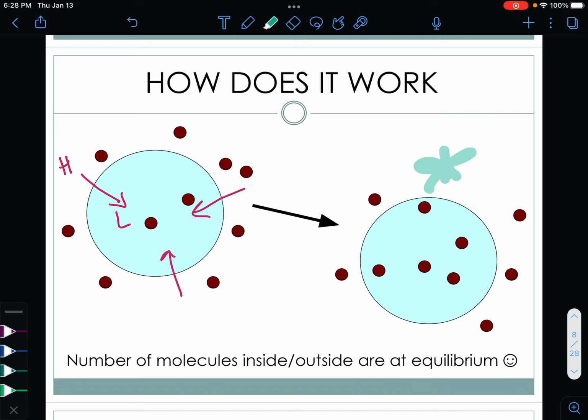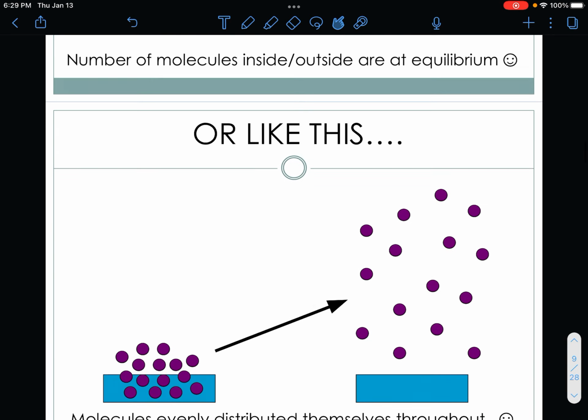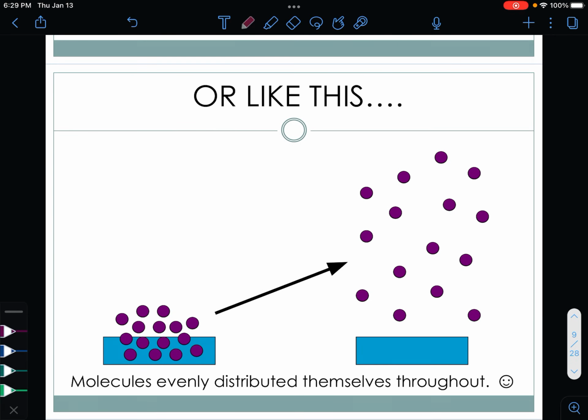The number of molecules inside and outside of the cell are equal. Diffusion can also look like this, right? So if we have all of, let's say, our sugar molecules at the bottom of our lemonade, eventually all of the sugar will spread out through your entire cup of lemonade and they'll move up.